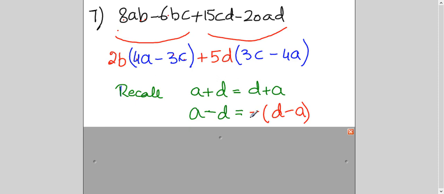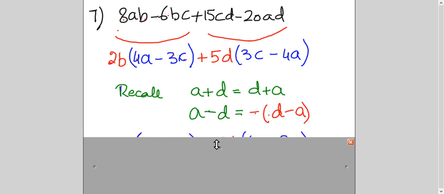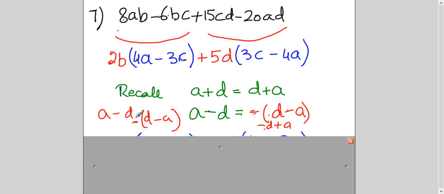Then you take minus sign out. Reason is minus plus is minus. So if you open it, minus plus is minus d, minus multiplied by minus is plus a. So can you see this is plus a, minus d, plus a. You get it? So if you just want to switch the letters and you don't want to change the sign like this, then you have to put a minus sign outside the bracket.